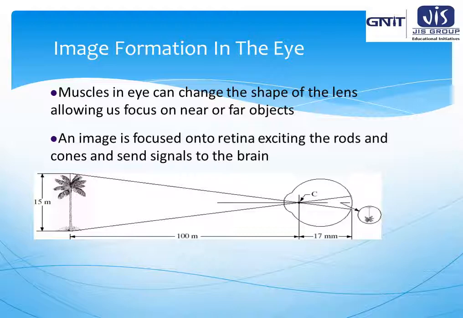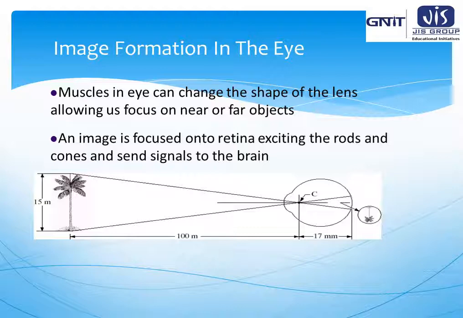So here, image formation in the eye, we can see how an image is formed in our eyes. We can see that a flipped image, that means the opposite image, is formed in our eyes.